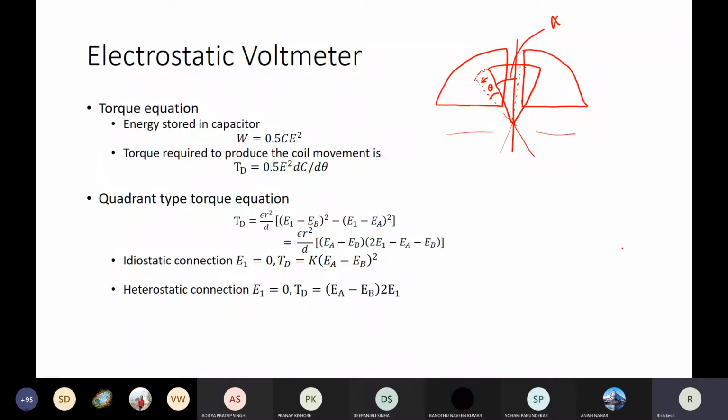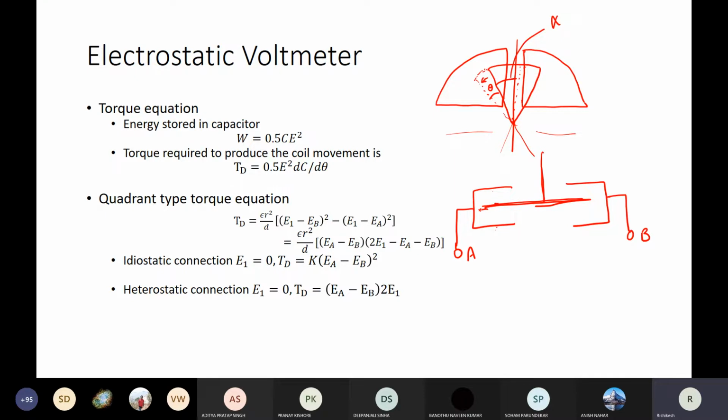Okay, now if I look at this from side view, now this is a top view, right? If I look at it from side view, it was like this. Isn't it? So one of the terminals was connected to A, the other was connected to B. Now this is the movable plate, and these are fixed plates.